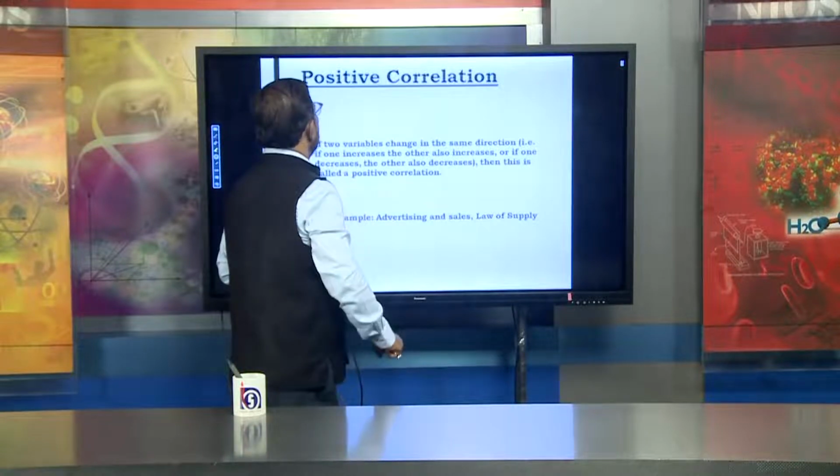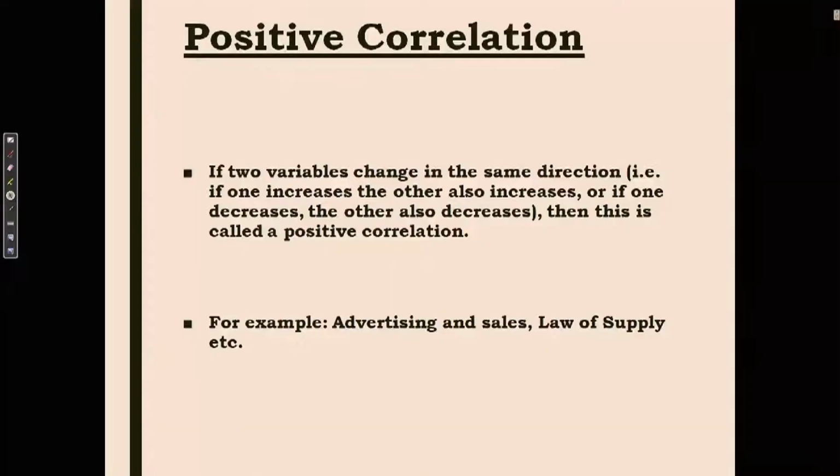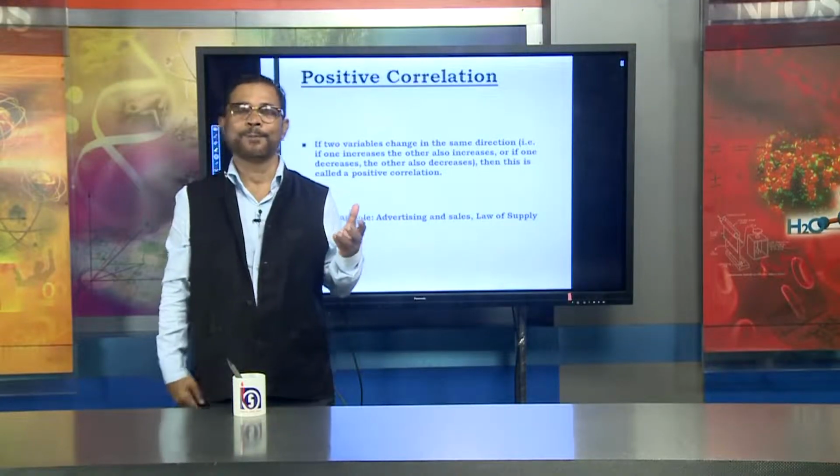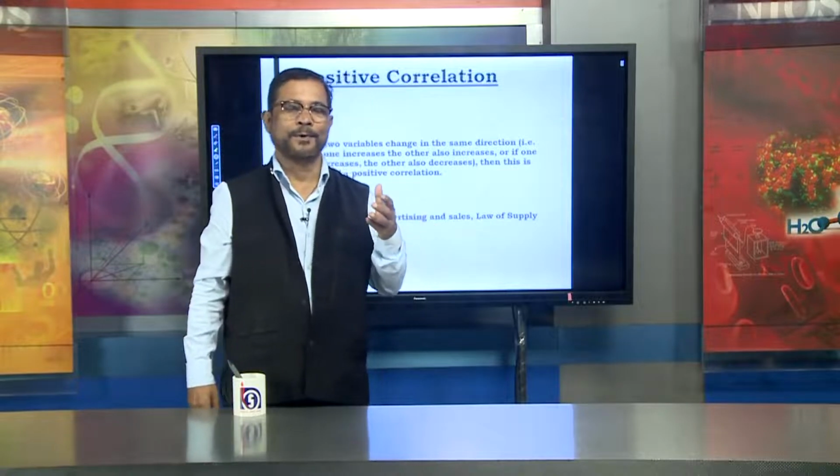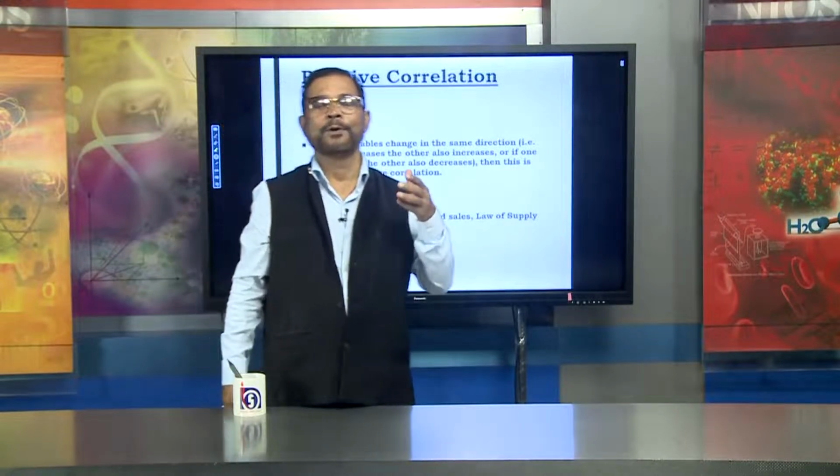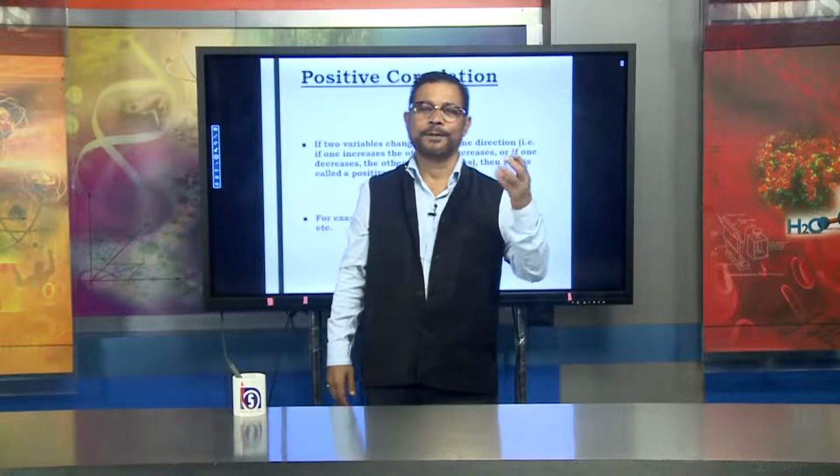See the explanation of the positive correlation. When one increases, the other also increases, or one decreases, the other also decreases, that is known as positive correlation. For example, advertising and sales, law of supply, etc. More expenditure of money on advertisement, the more promotion of the particular product.